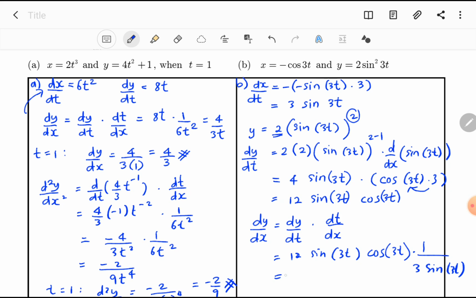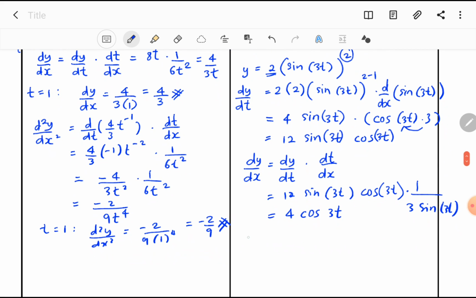And after we simplify, we will get negative 4 cos 3t. Okay, so this is the final answer for dy/dx.